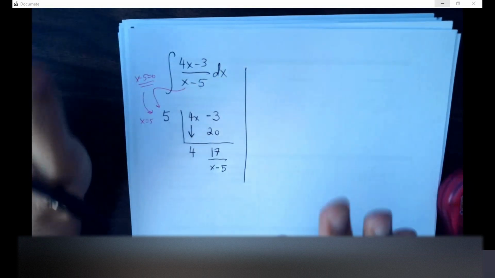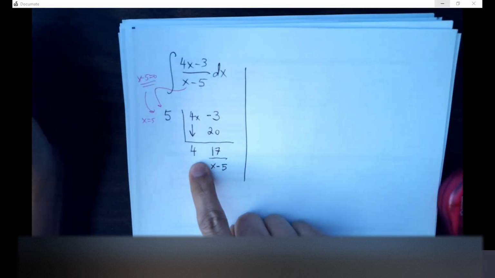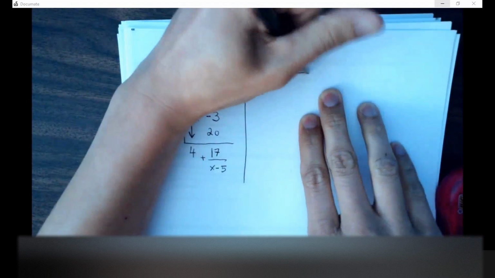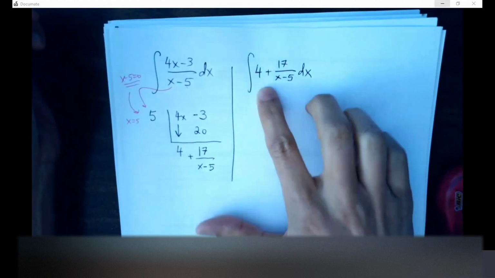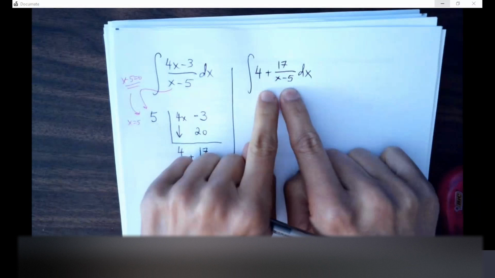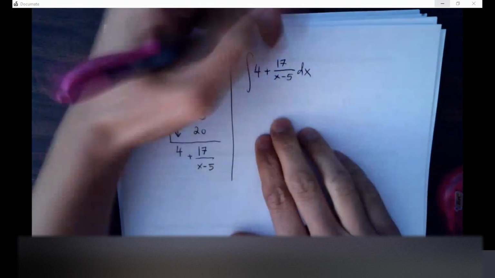Now, synthetic or long division does not solve the problem, but what it does do is it creates a scenario where it's easier for us to find the integral. And now we have a much easier time because this one, we can use power rule.